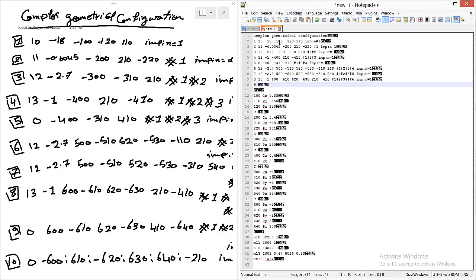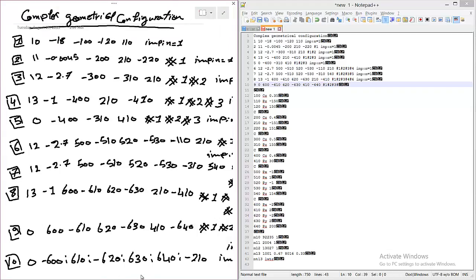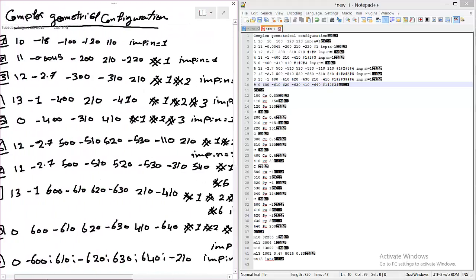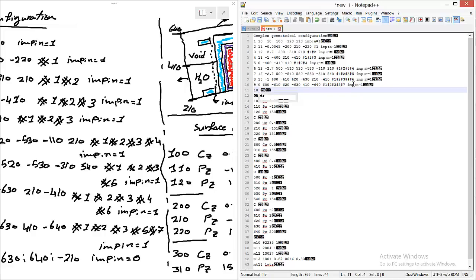Cell number 9 was of void material, 600, negative 610, 620, negative 630, 410, negative 640, excluding the cells 1, 2, 3, 5, and 7. Importance of neutron equals 1.